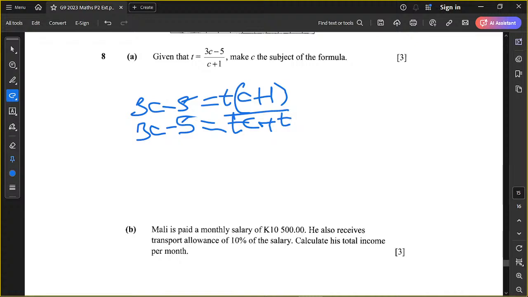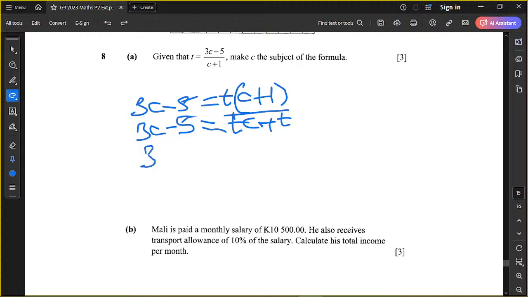Okay, now once we have done that, we put like terms together. Let me leave 3c, not the way I want to do it. Let me do this.